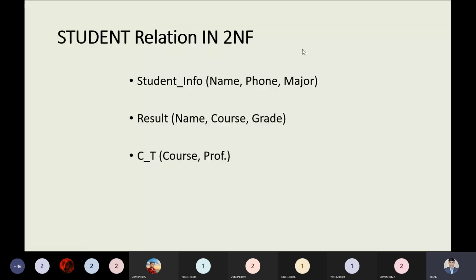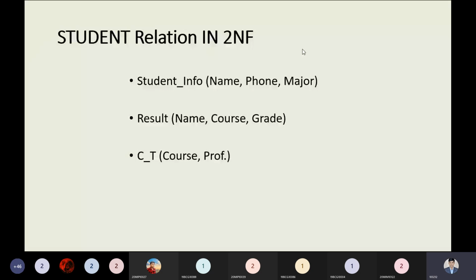So student information could be one kind of relation, which consists of the name, phone, and major. As I told you, name and phone and major will be one part of our relation. Why? Because phone and major, these are the two important attributes that can depend on the name.